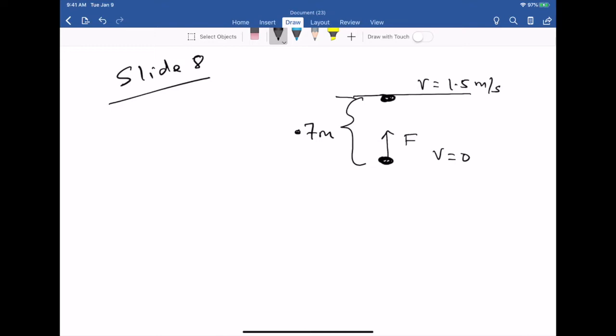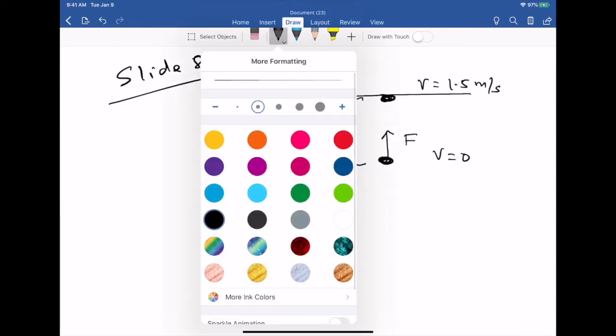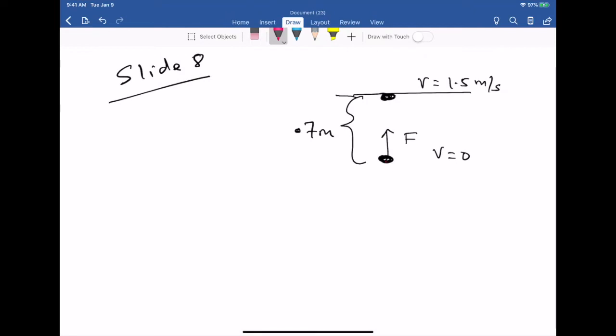What are all the other forces acting on this person? One force is the force of gravity, mg. And that's pretty much all the forces acting on the person. So there is the force exerted by the arms, and the force of gravity, right?